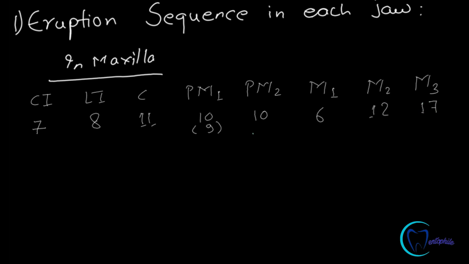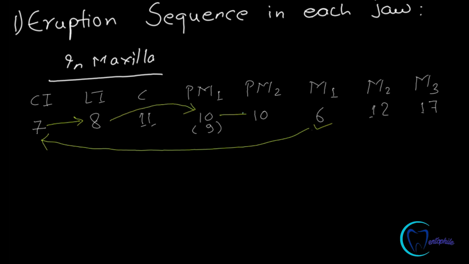So here the sequence will be first molar, first to erupt, which is then followed by the central incisors at the age of 7 years and lateral incisors at 8 years, and before the eruption of the canine, there is eruption of the first premolar and the second premolar at the age of 9 and 10 years.